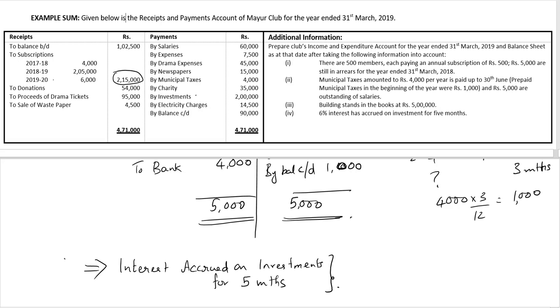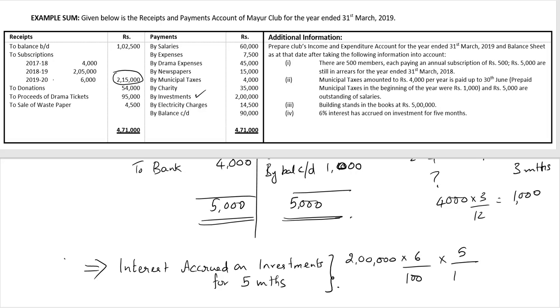The amount of investments made in the current accounting period is 2 lakh rupees. The rate of interest is 6%, and we need to accrue it for 5 months. So we get the amount of accrued interest as rupees 5,000.